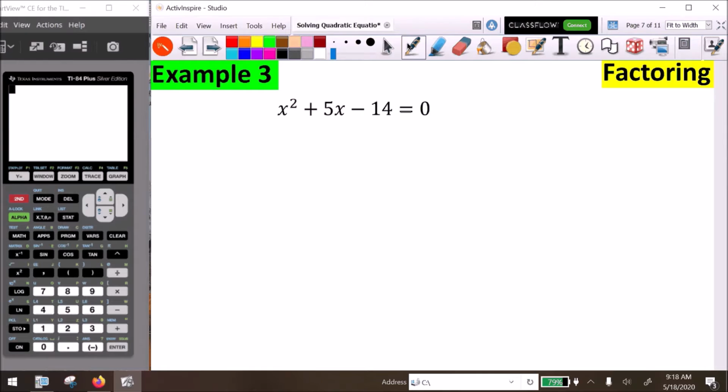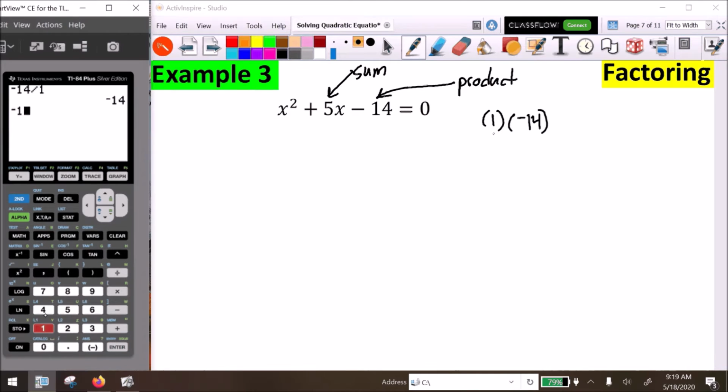All right, this is another example where we can use factoring to solve. We have to find two numbers that have a product equal to -14 and a sum equal to +5. I usually just start at the number I'm looking for things to multiply to, and I divide it by 1 all the way up to the square root of the number. 1 goes into -14 -14 times.